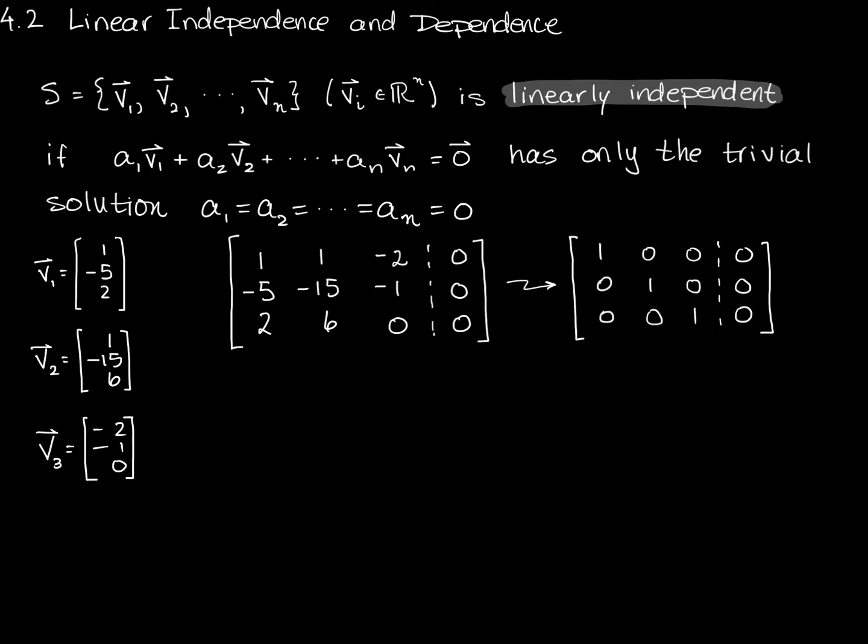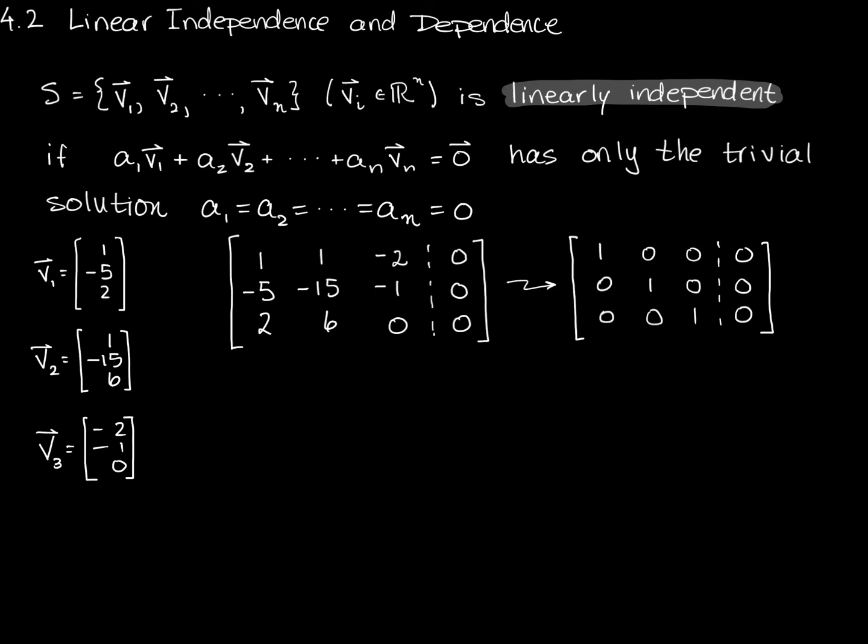And that gives us that this equation, the left-hand side equals 0, has the trivial solution where a1, a2, and a3 are all equal to 0. So all three of my weights are 0, and that means that this equation equals 0 only has the trivial solution. And in turn, that means that the vectors in this set are linearly independent.